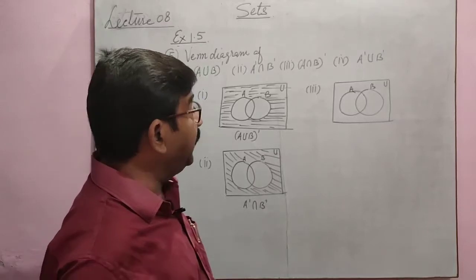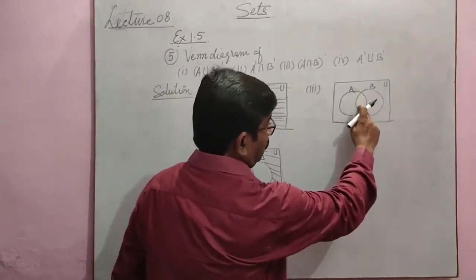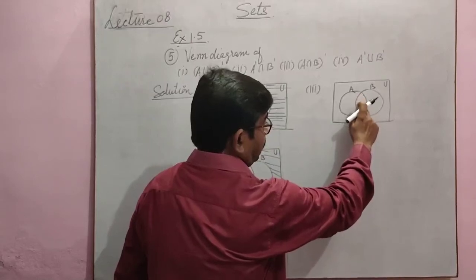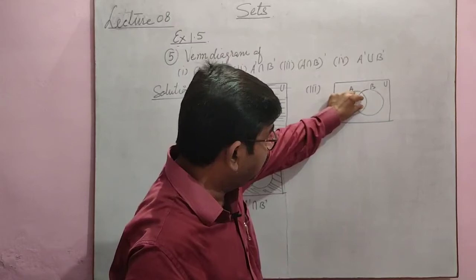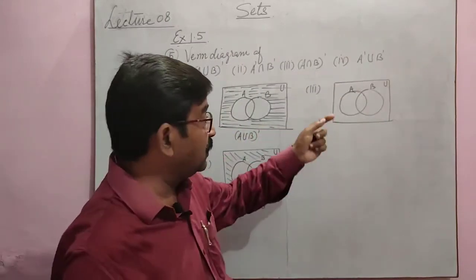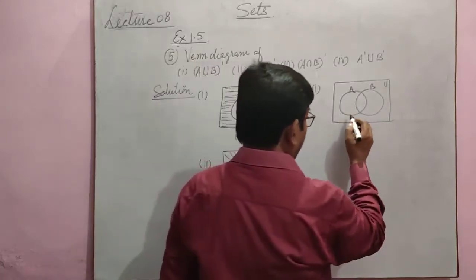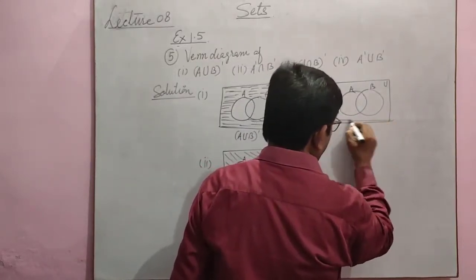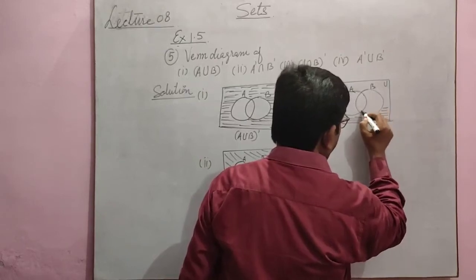Now A intersection B. First check A intersection B. This portion, the common portion in two circles, is A intersection B. If you remove this portion, what is left? These two portions are left. So leaving A intersection B, we will shade all these portions.